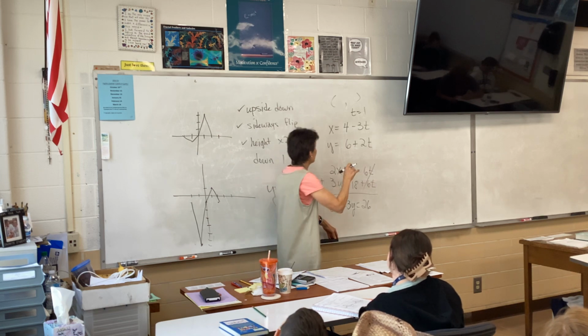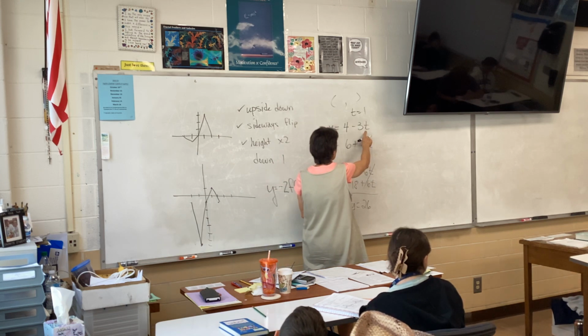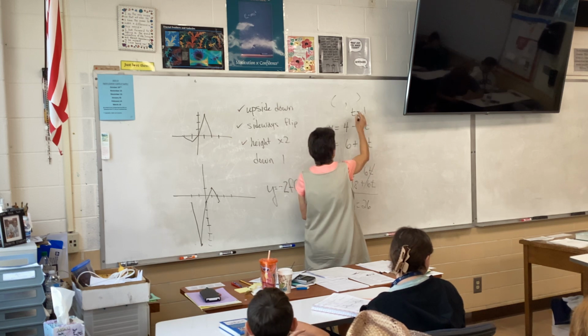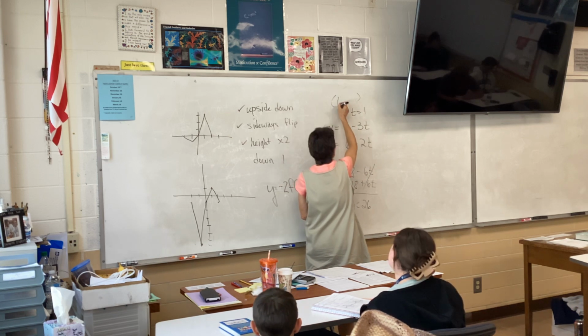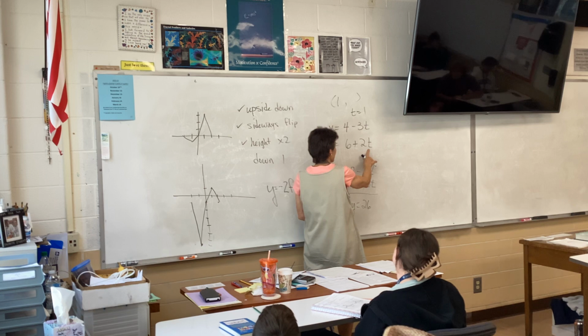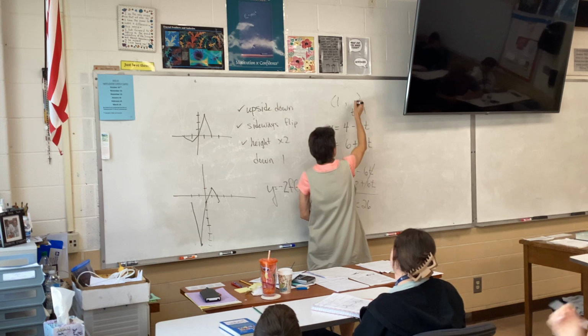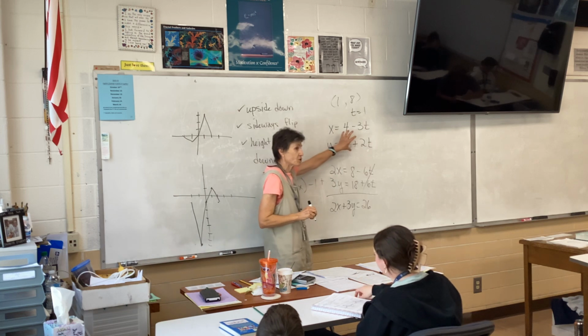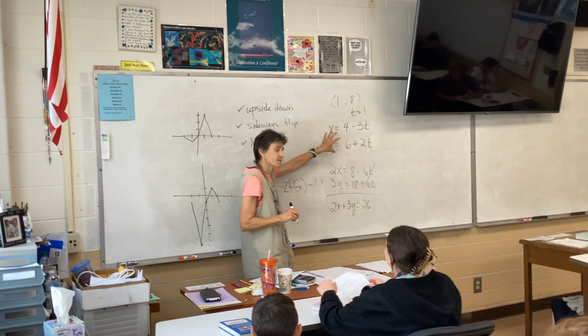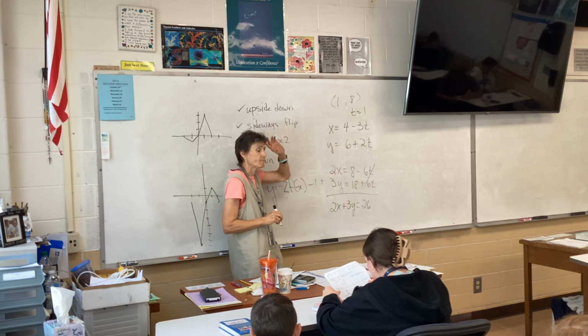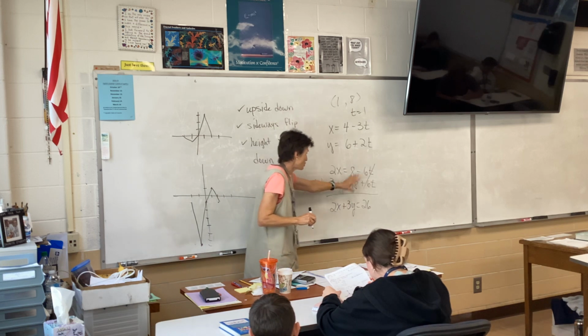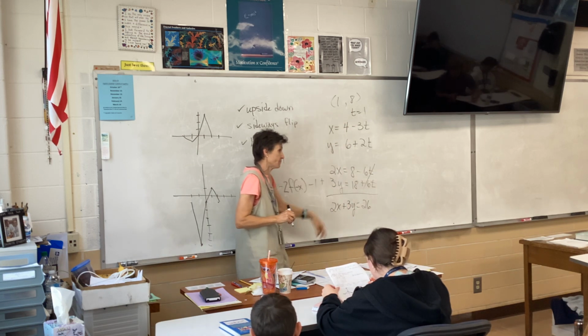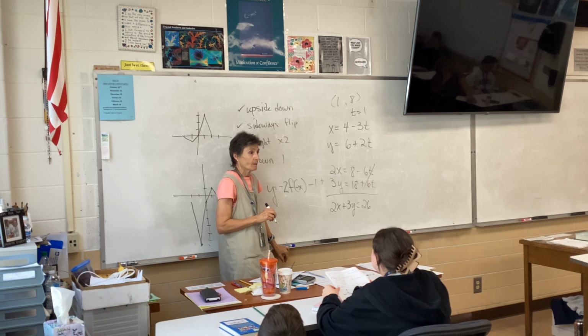Just put in 1 here, so it looks like x is 1, and then plug in 1 here, and it looks like y is 8. So there are two problems that involve parametric equations. One is the elimination thing, and one is the plug-in thing. Okay?